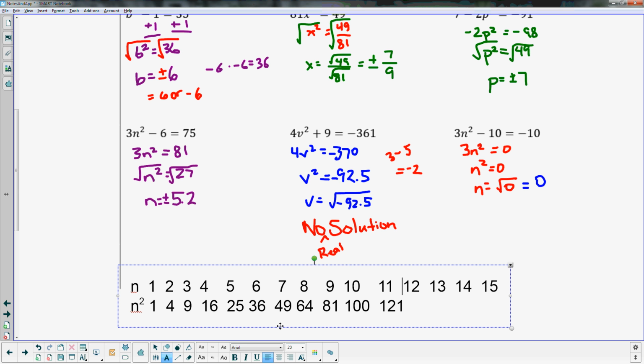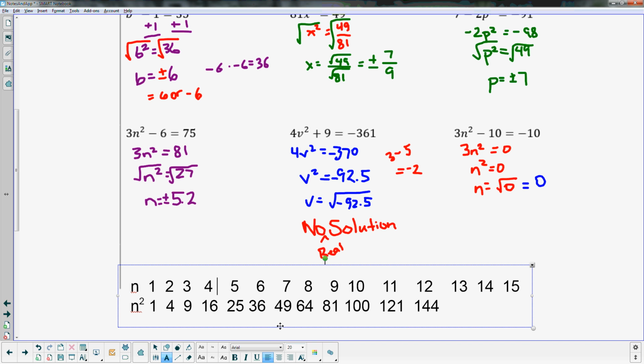11 times 11 is 121. 12 times 12 is 144. And those ones you should know. They were all in your multiplication tables as you were growing up, and shouldn't be that big of a stretch to know those numbers.